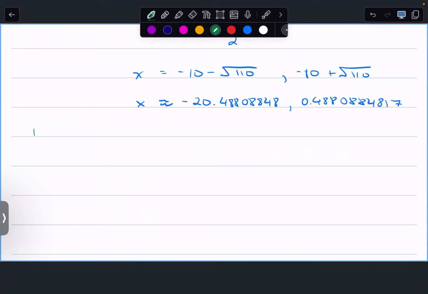So here, recall, the domain is between 0 and 1/2, which means that this is not in the domain. But this one is in the domain.